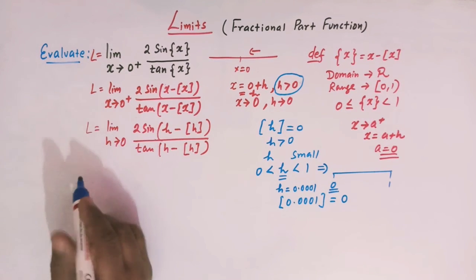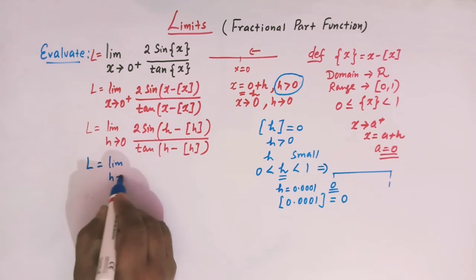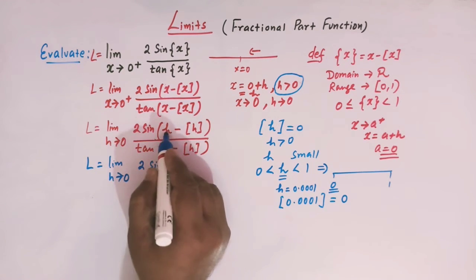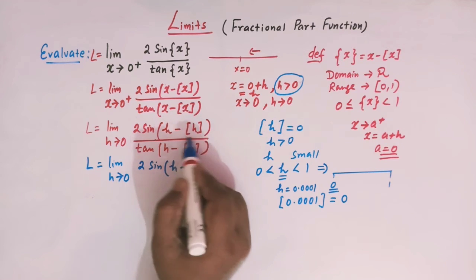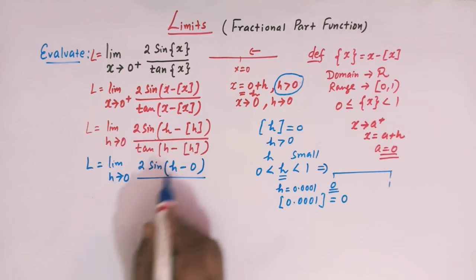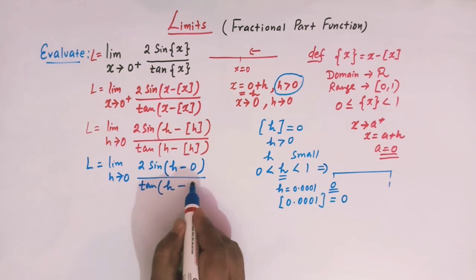So now this limit L takes the form limit h tends to 0 of 2 sine h, where for greatest integer of h we have 0, and in the denominator we have tan of h minus 0.